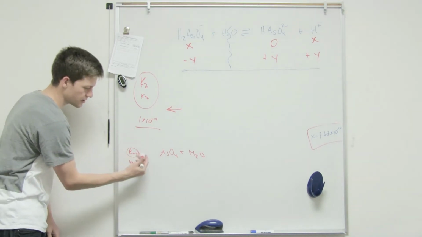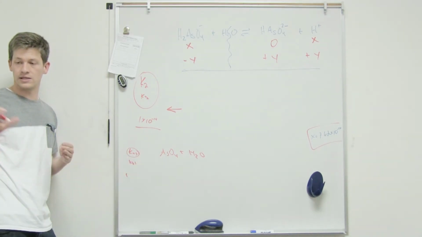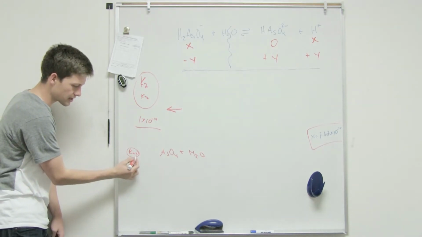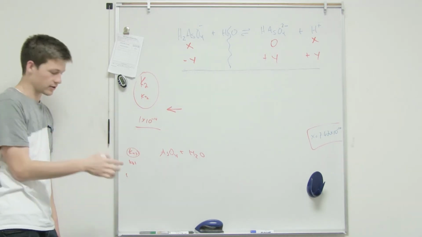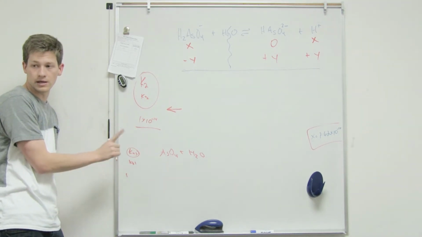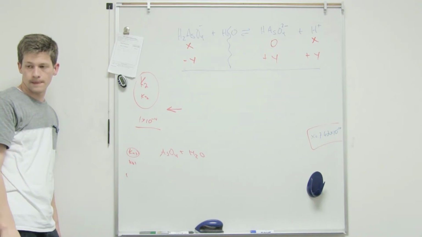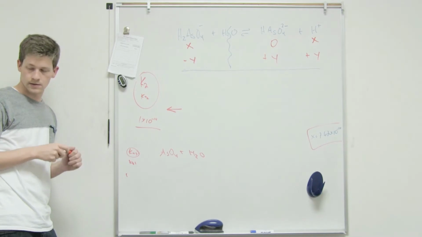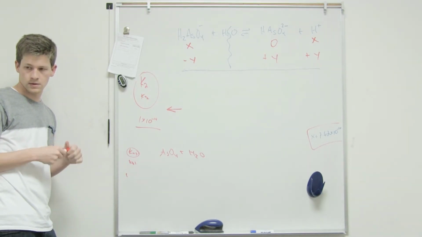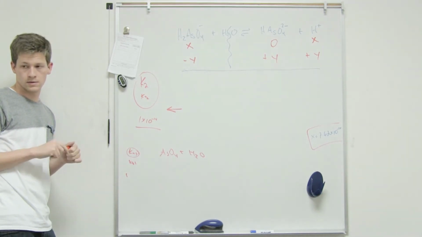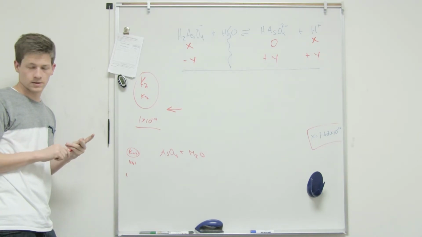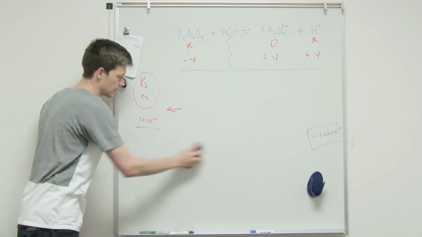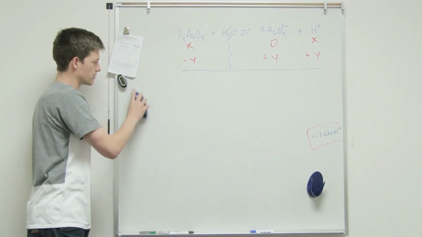So when you do it, 1 times 10 to the negative 14 equals Ka times Kb. Then you take 1 times 10 to the negative 14 divided by this, and that's your Kb1. That Ka3 is the K3 value we've been given. So if we wanted to find Kb1, we would take 1 times 10 to the negative 14 divided by that. Okay, that makes sense. That's good to know, if he switched it.